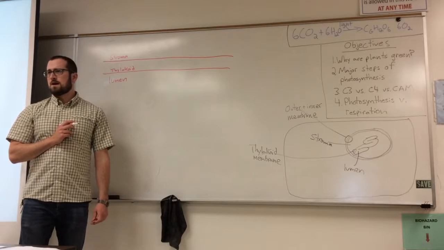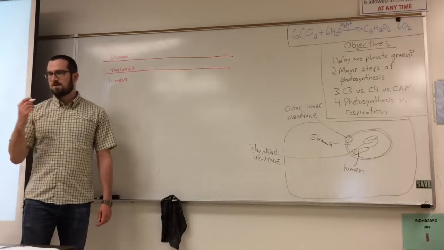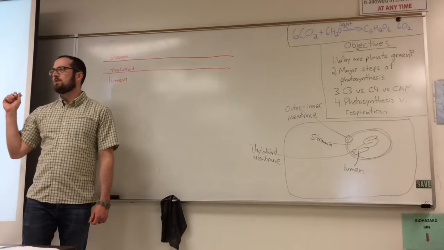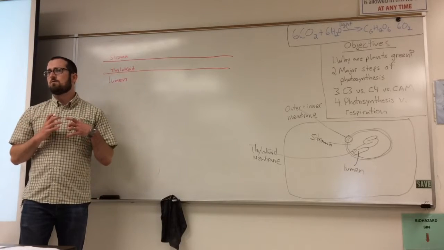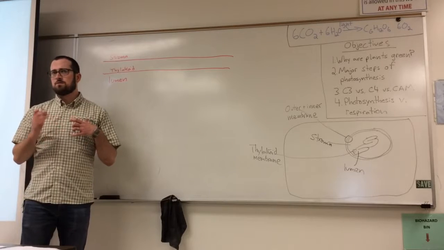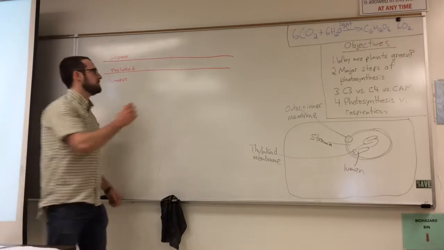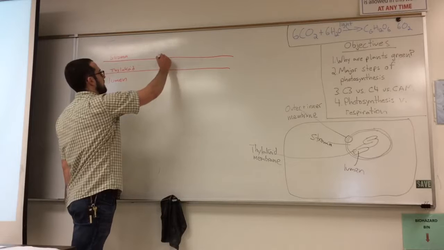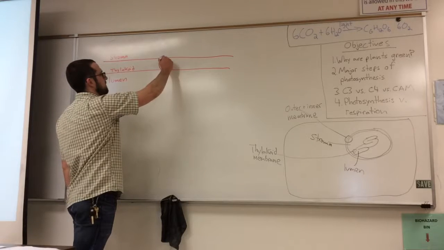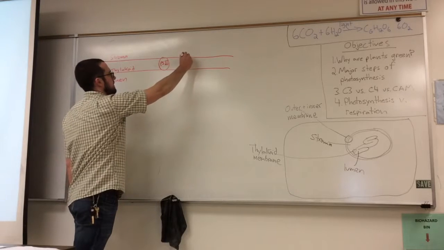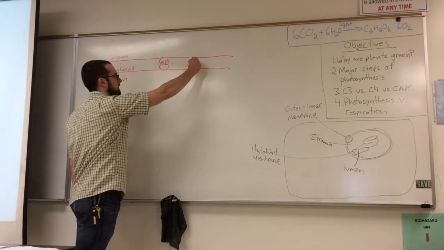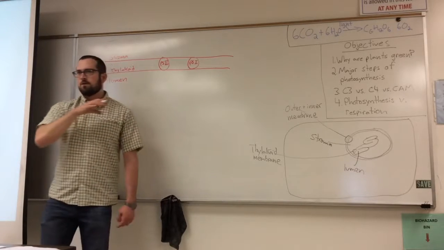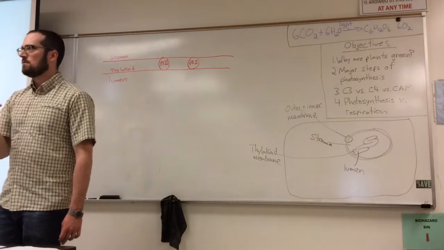And so our chlorophyll are going to be associated with these protein complexes called photosystems. And we have two photosystems in the chloroplast. And we call those, I'm going to abbreviate here, photosystem 2 and photosystem 1. Now don't let the numbering of the photosystems throw you.